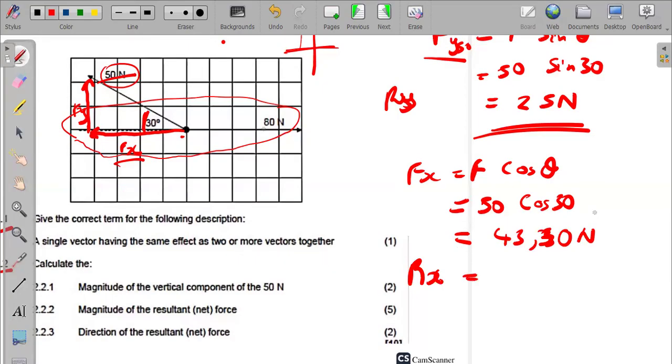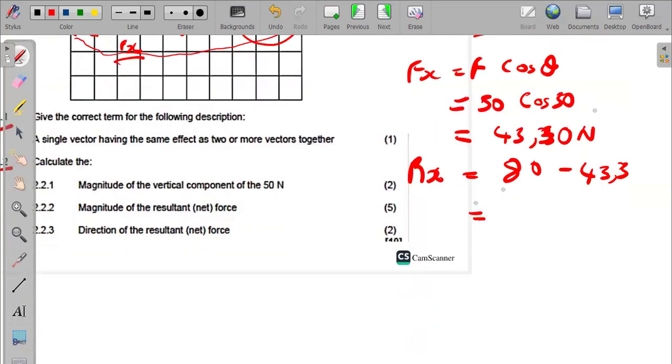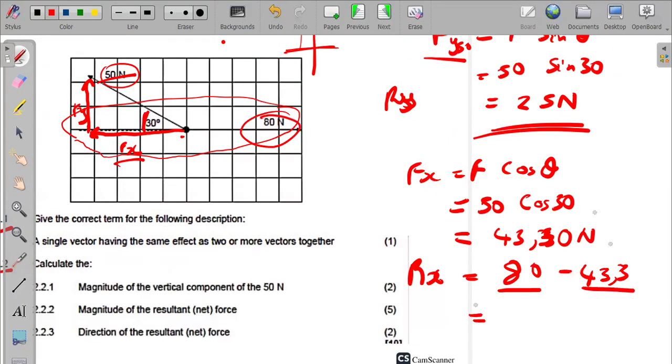So in calculating Rx, therefore, the resultant for the vector sum of the horizontal components, Rx shall be given by, right, 80 is already in the horizontal dimension. So we will simply say 80 minus 43.3. Why subtracting, and yet we are saying vector sum? Because they are acting in opposite directions. The 43.3 Newton is this Fx, and from this diagram, you can see that it's acting towards the left.